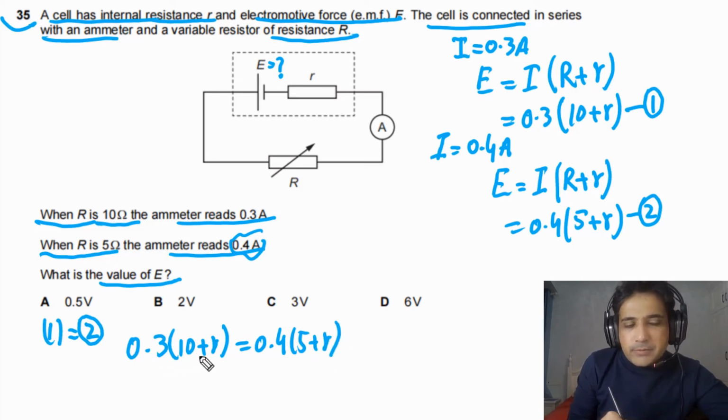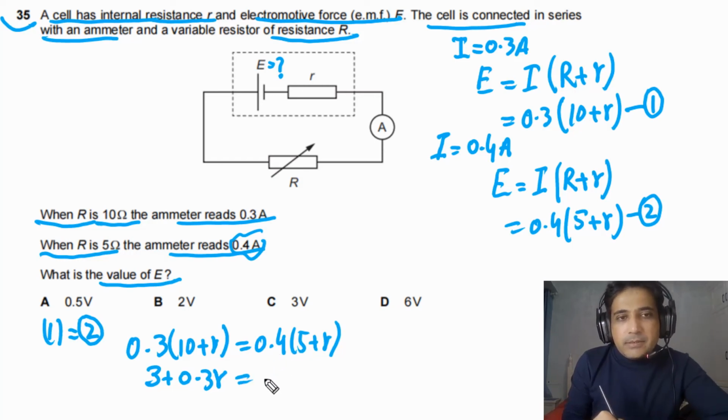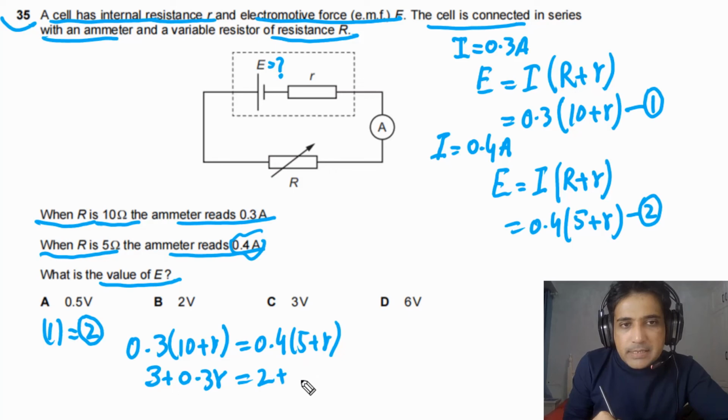If we multiply inside, we get 3 plus 0.3 r, and on the other side we get 2 plus 0.4 r. From here we can get the value of r. So r will be equal to 3 minus 2 divided by 0.1. So simply we get r is equal to 10 ohms.